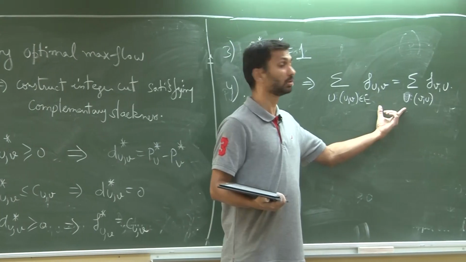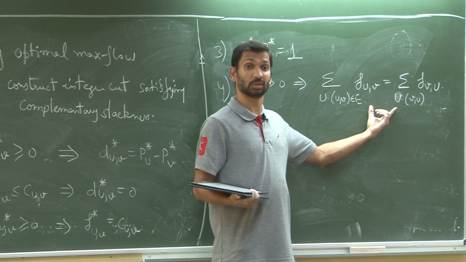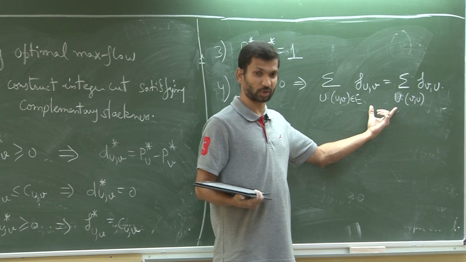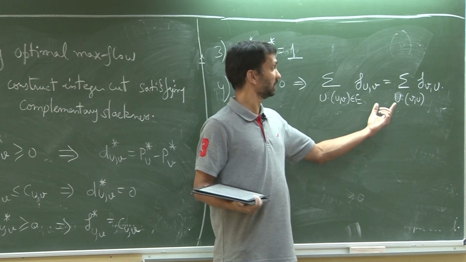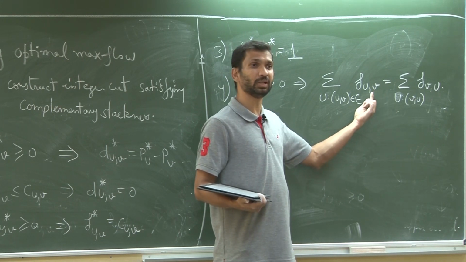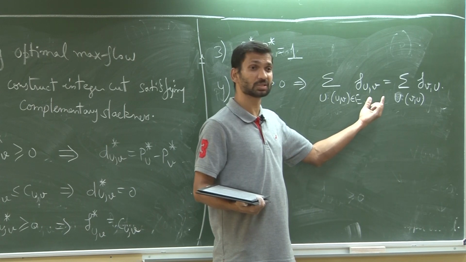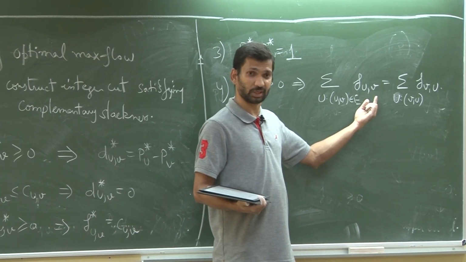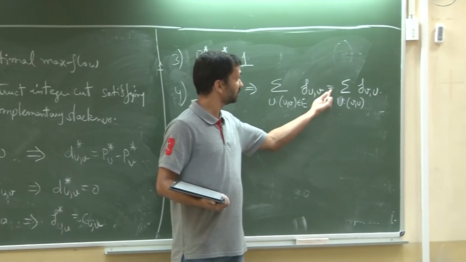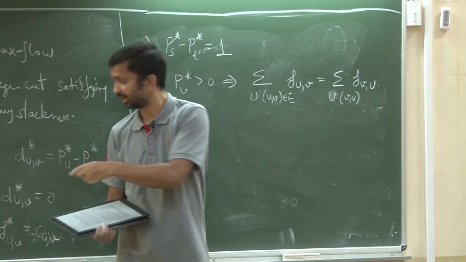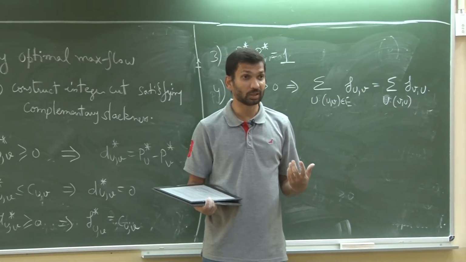Remember, this was our flow conservation constraint, right? If this is the constraint, what is the equivalent variable? What is the variable for this? PV, correct? If this is equality, PV will turn out to be unconstrained.